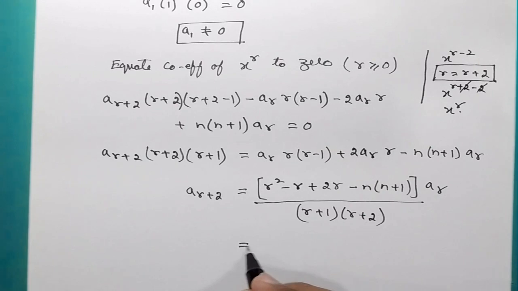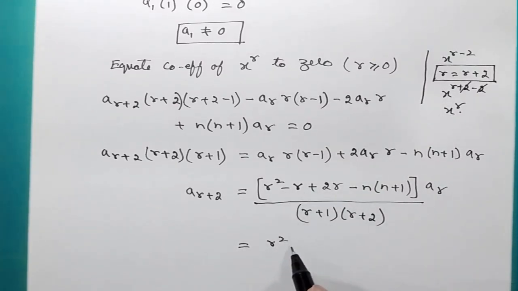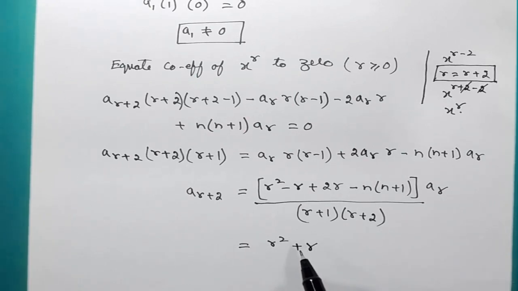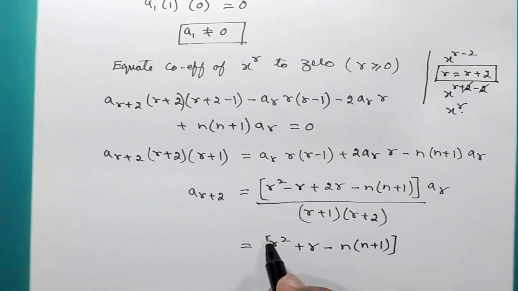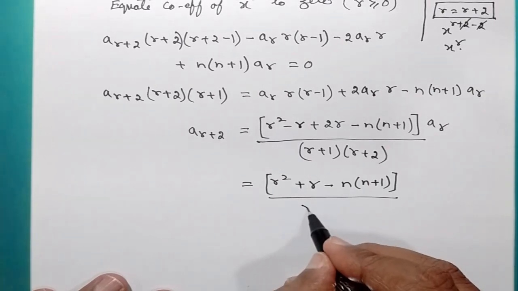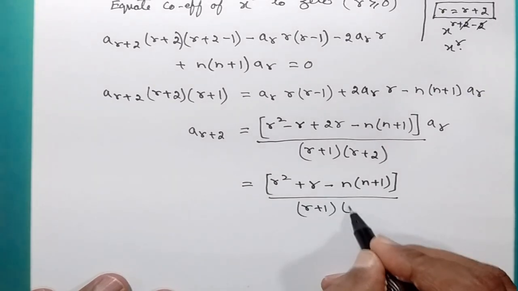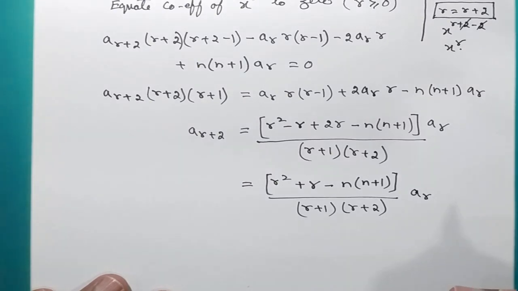So this will be equal to, this is r square, this is plus 2r, minus r will become plus r. Alright, this is minus n into (n plus 1), whole divided by the denominator (r plus 1) into (r plus 2), into the a_r value.